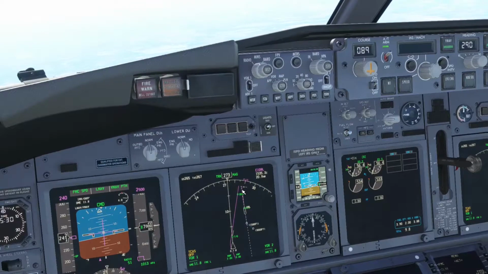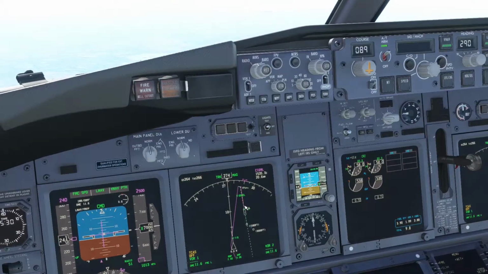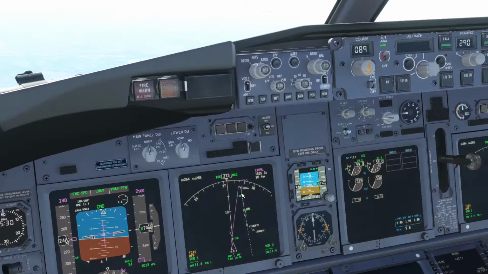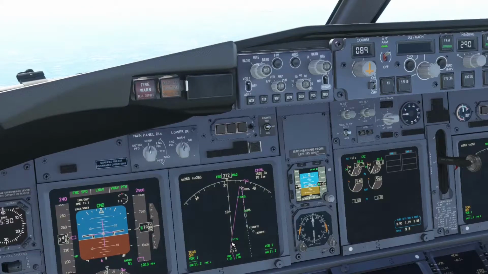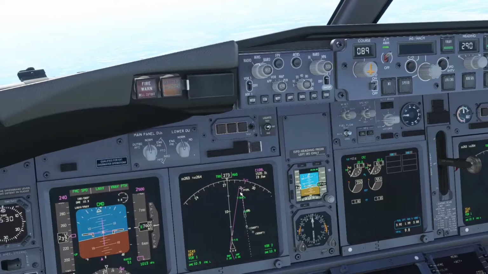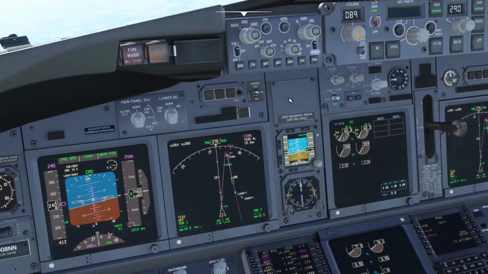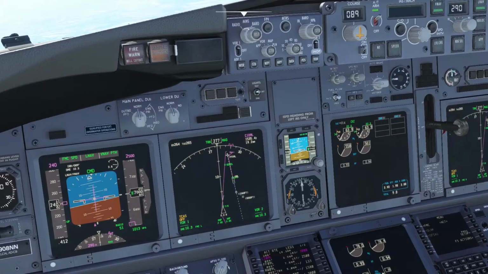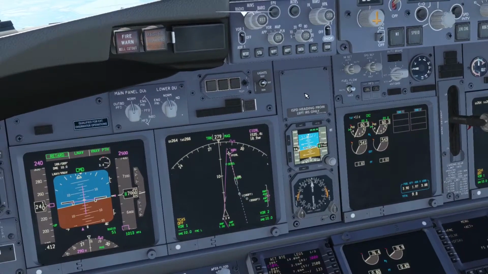So obviously if we're this far away from the airport and we need to descend, let's say we're at 2,000 and the airport is at 0 on VNAV, the plane will start to descend. However, if we're at 2,000 here and the airport is at 0, it will not start descending until about there. So we want to leave the plane on VNAV for this whole procedure because that's going to help us a lot and help us to do less.